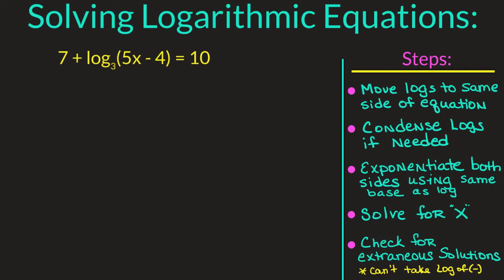So for our first example, we have 7 plus the log base 3 of 5x minus 4 all equals 10. The first step says that we're supposed to condense logs if we can. There's nothing to condense. They're all on the same side. So the first step that we're going to do here is subtract 7 on both sides.